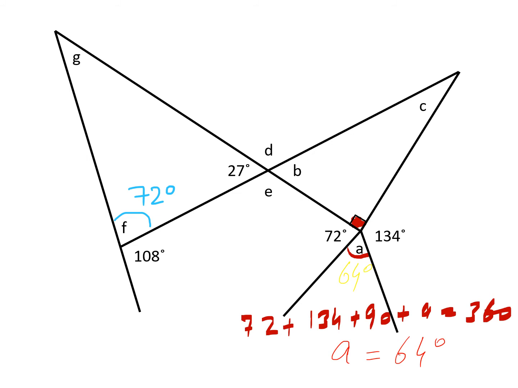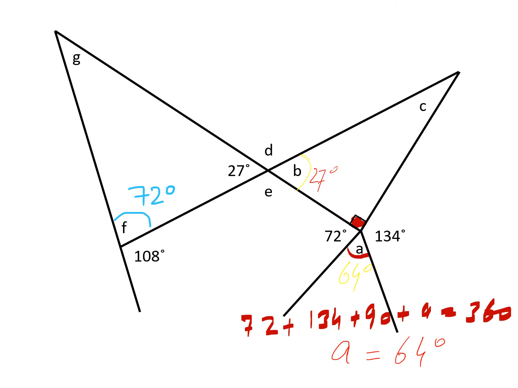Other than this, how can we find the value of b if we target that value? To find the value of b, since we know two lines are intersecting with each other, there are vertically opposite angles, so we can write this angle is 27 degrees as well.